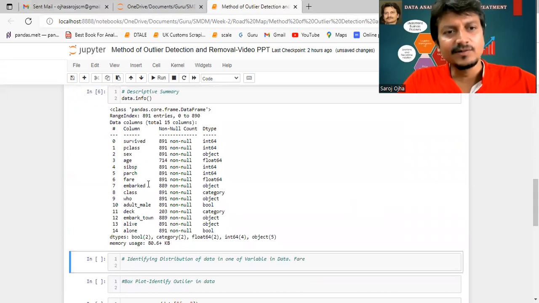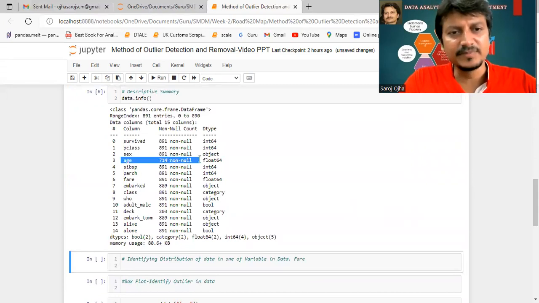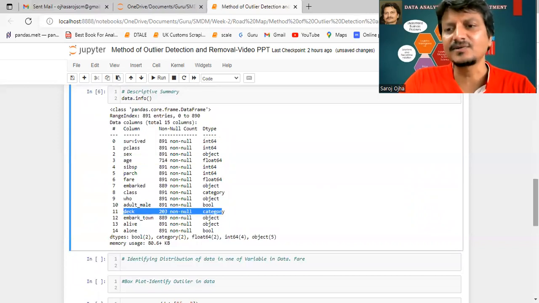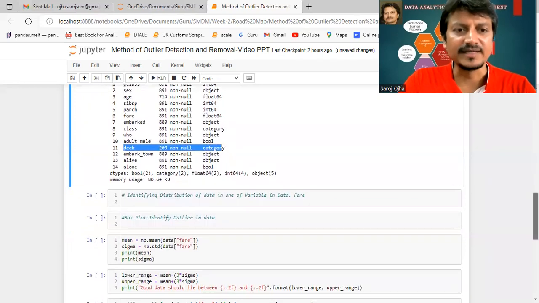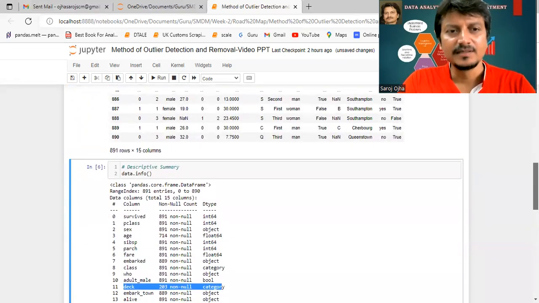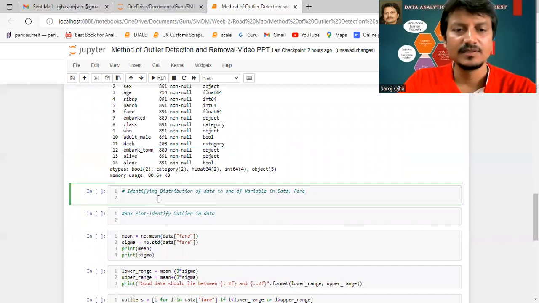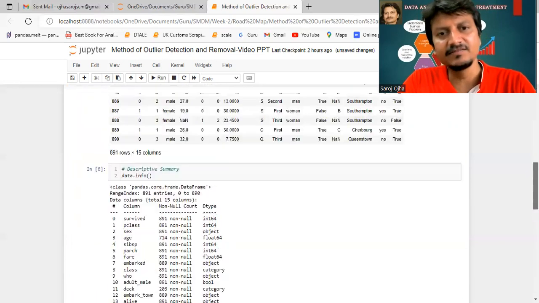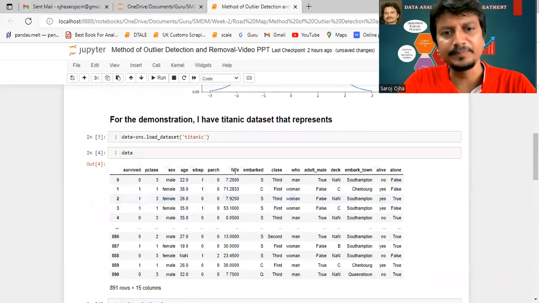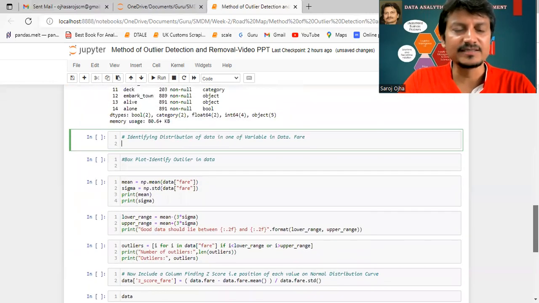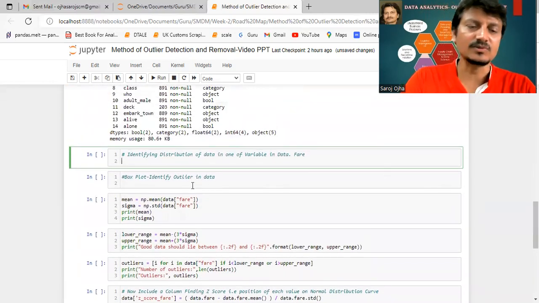Now we can find that age has some missing values and deck has some missing values. These are not required right now for outlier treatment. But we just want to understand the distribution. Suppose I pick any variable, say fare, and I want to treat the outliers in this. Can I see the outliers in this?